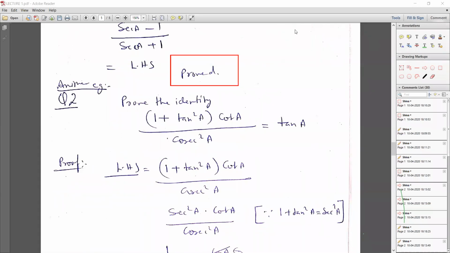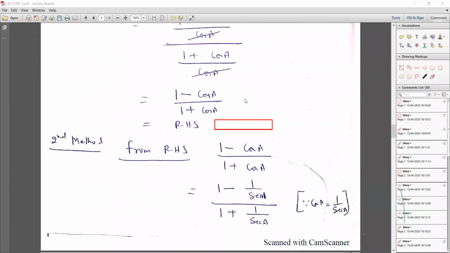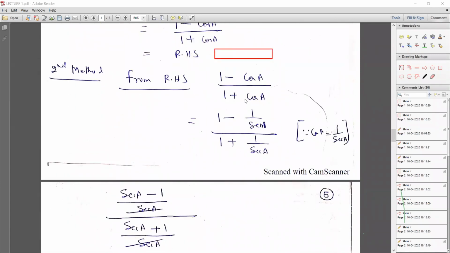Now I'm going to start RHS 1, I'm just telling you. From the right hand side, our right hand side was 1 minus cos a upon 1 plus cos a.